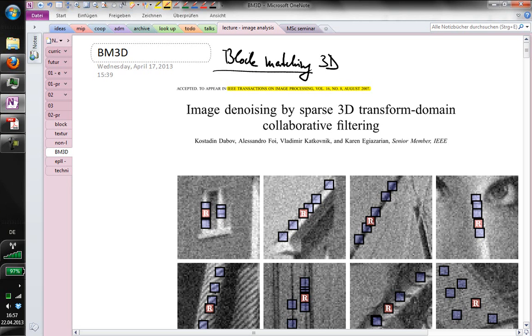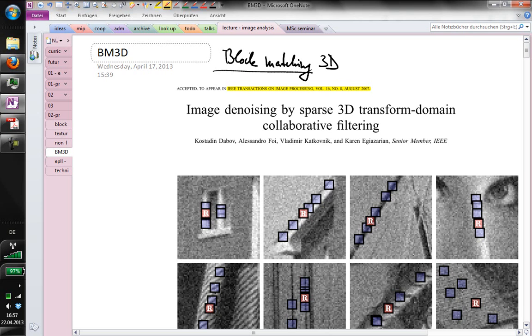I've chosen this method for a couple of reasons. One is it again builds on patches. It also capitalizes, just like non-local means, on the idea of exploiting the self-similarity that most images have. In addition, it introduces a new twist, which these authors call collaborative filtering, which I will show you in a minute. The main reason, however, is that this has been really hard to beat.